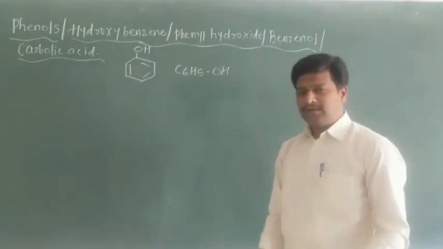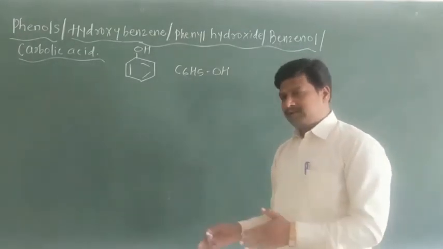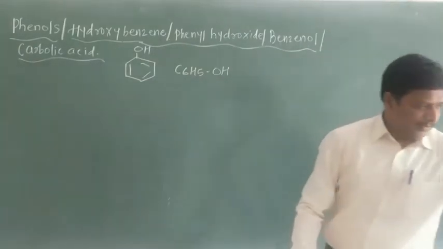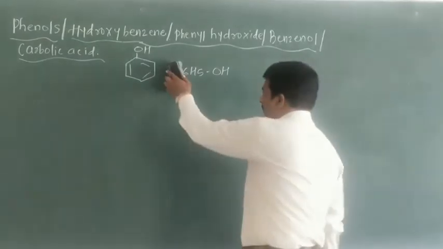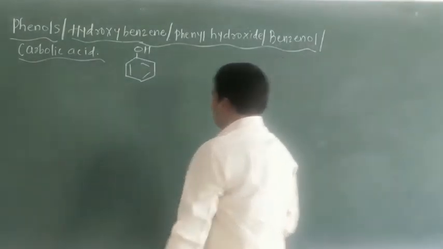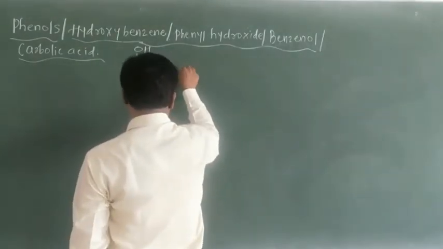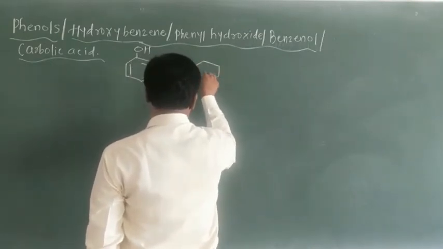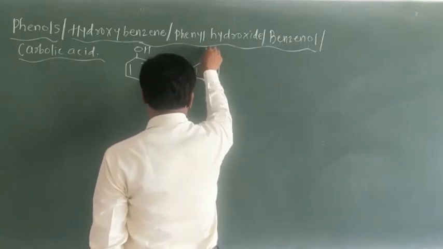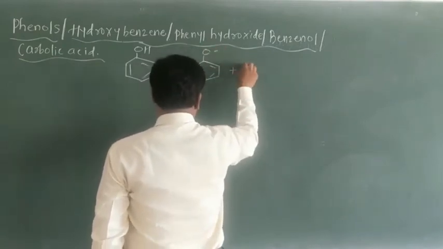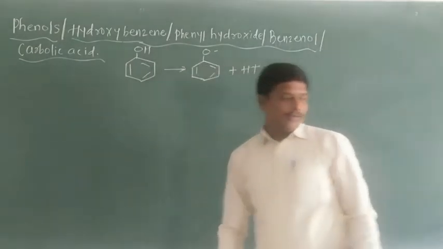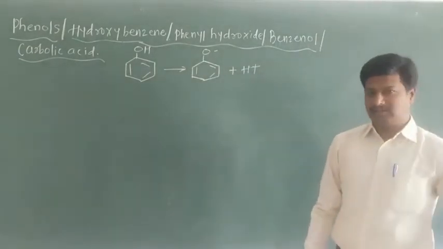Now as we know, in reactions, phenol gives H plus ions, or it donates H plus ions, to form the phenoxide ion, and this donation of the H plus ion indicates that phenols are acidic in nature.